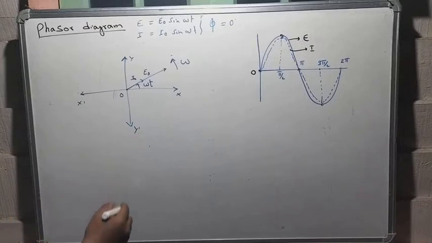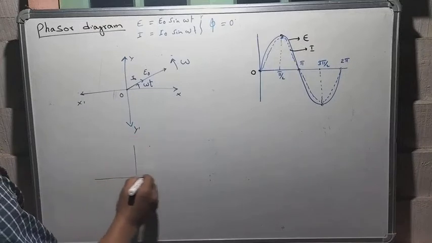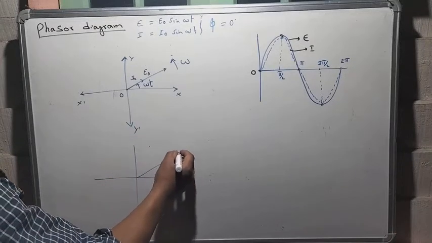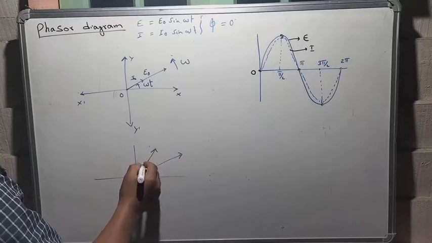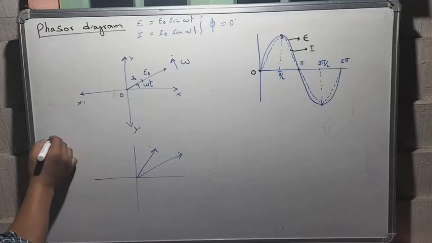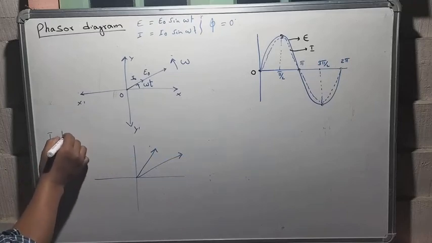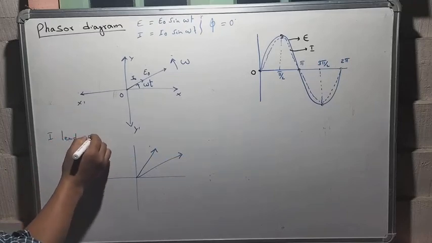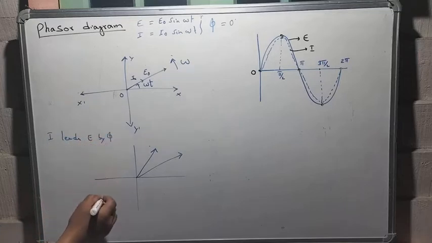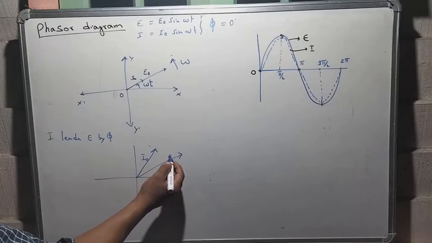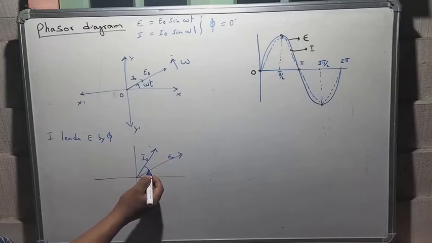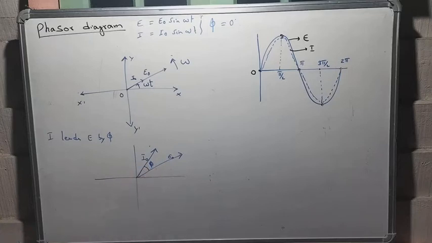Alright, next, if I say that the current leads the EMF, suppose I leads the EMF by an angle phi, which means if this is my vector I naught, this is my vector E naught, the difference between the two is phi.